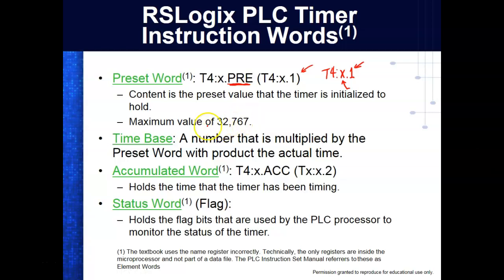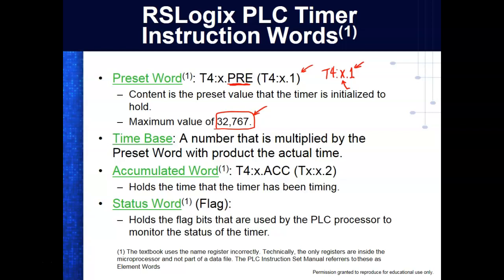And the preset can be a maximum of what? And why is that? Well, how did they come up with 32,767? Yeah, so what we're doing is we're using a word, but these are signed numbers.